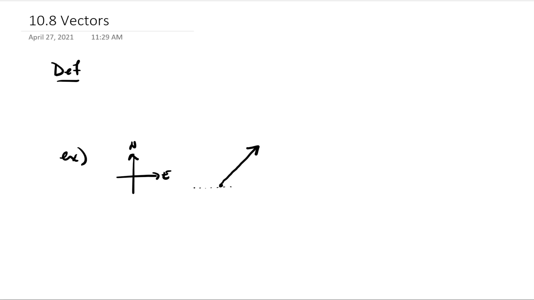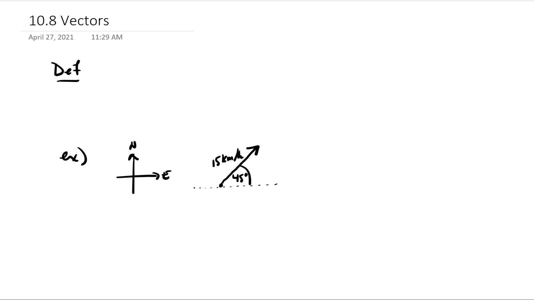Compared to the east, it's blowing at an angle of 45 degrees. And let's say it's blowing at a speed of 15 kilometers per hour. Okay, so the wind is both defined by its speed and by its direction.